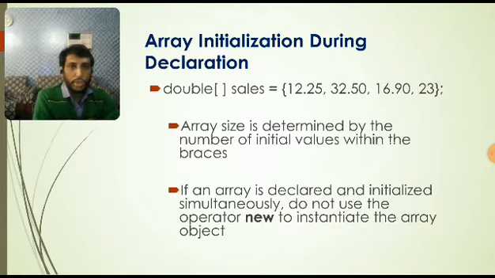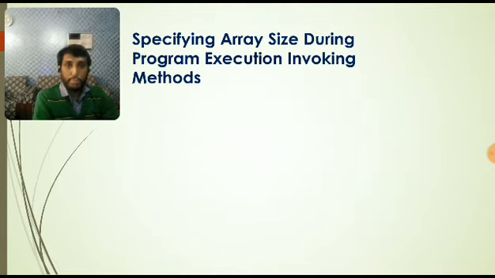The array size is determined by the number of initial values within these curly braces. If an array is declared and initialized simultaneously, you do not see the operator new, because we are directly initializing the values. So the new operator is not used. But whenever we want to create memory spaces, at that time we need to use the new keyword.